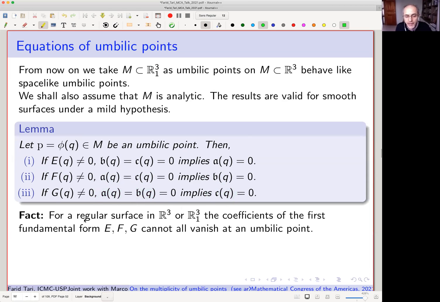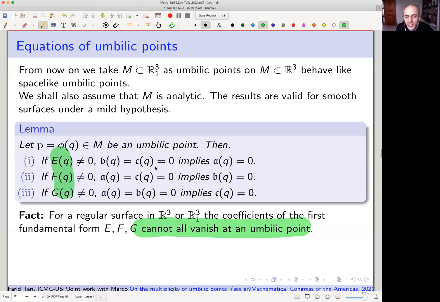And the fact is, if I have a regular surface in R3 or R3-1, then the coefficients of the first fundamental form, E, F, and G cannot all vanish at the umbilic point. So one of these situations is true, which means that I don't need 3 conditions to check that the point is umbilic.